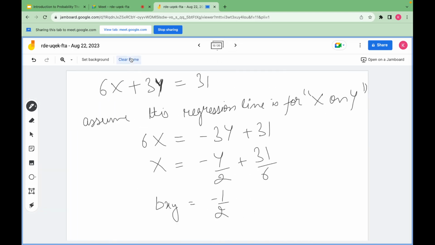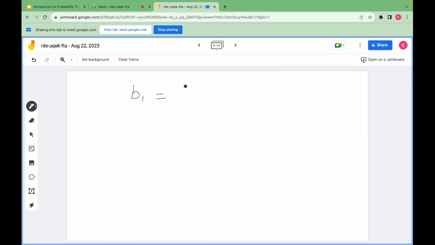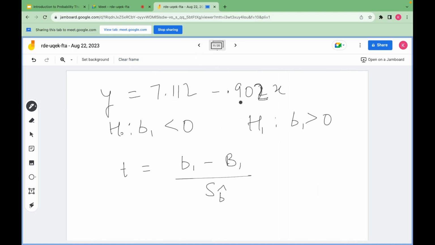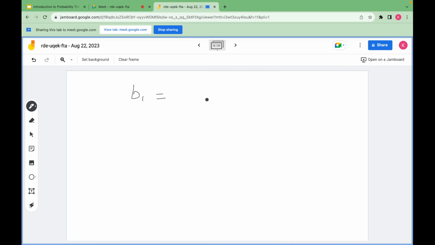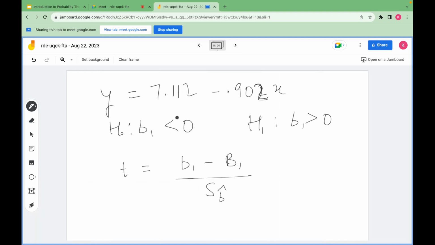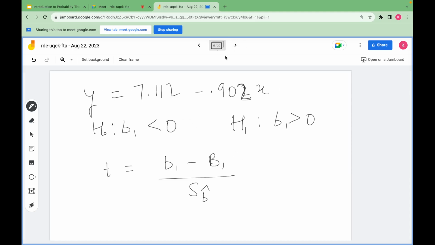So b1, the slope of the line, is minus 0.902, and we hypothesized that the slope is 0, so this capital B1 will be 0.